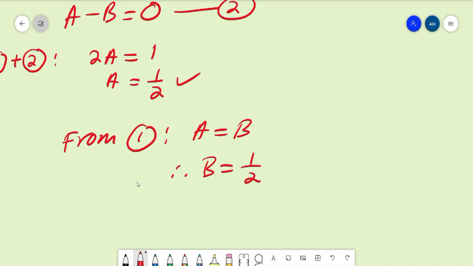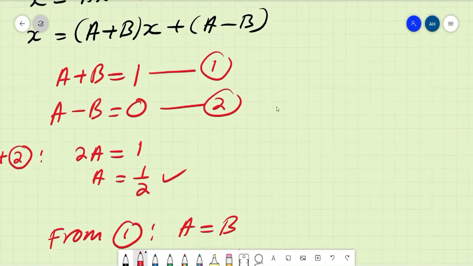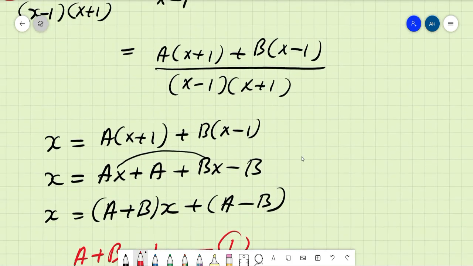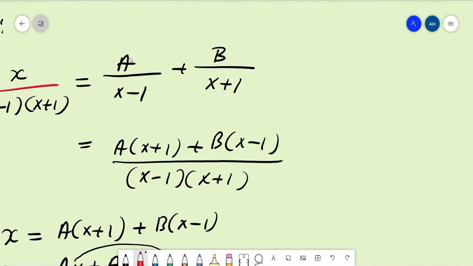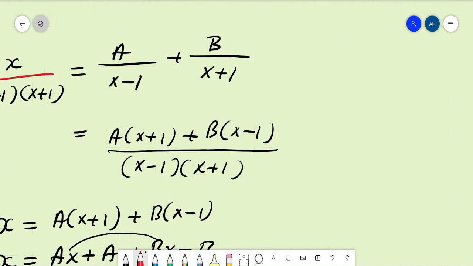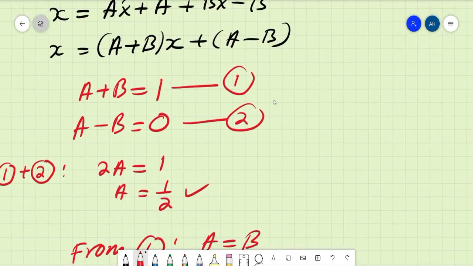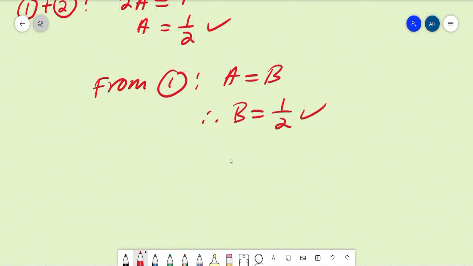Okay, so we already found the value for a, and we also have the value for b, both of them 1 half. And lastly, what we are going to do is substitute the value for a and b over here, both of them 1 over 2 or 1 half. So let's substitute.